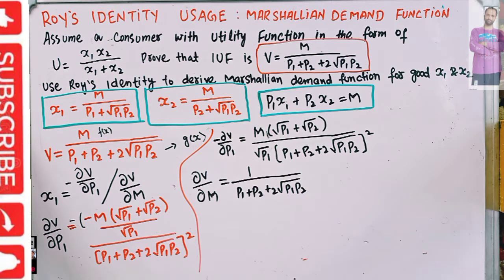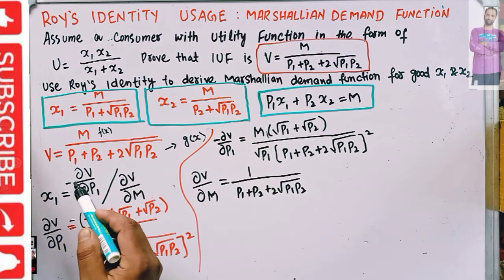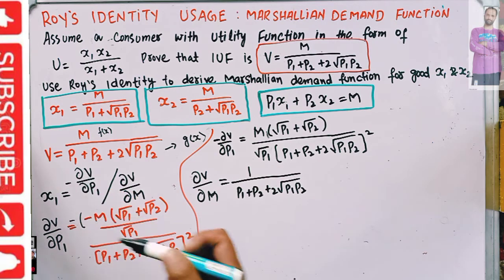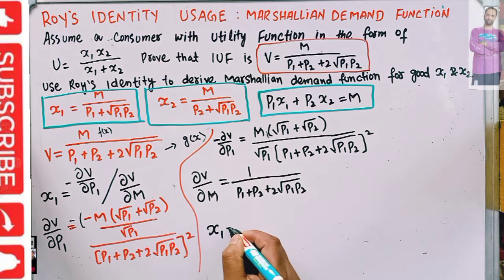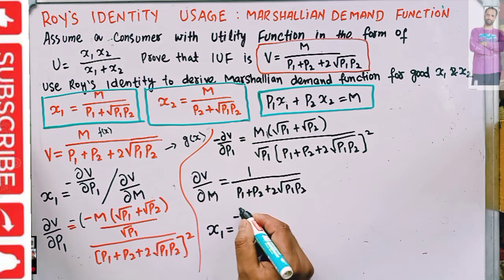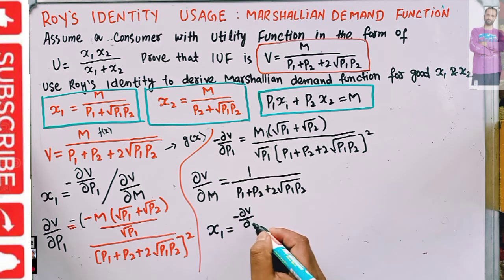So we don't need to use the quotient formula here. So we got two things here. This x1 will be equal to minus dv upon dp1 divided by dv upon dm.